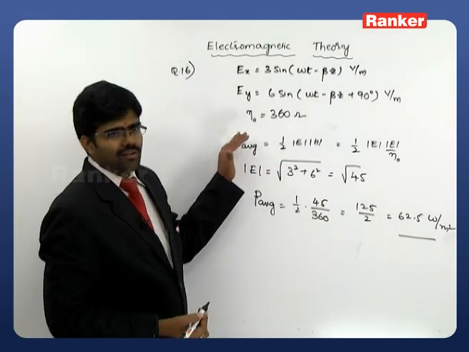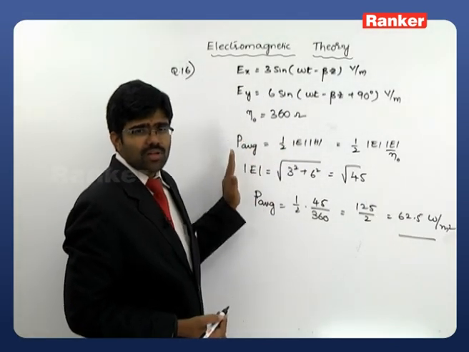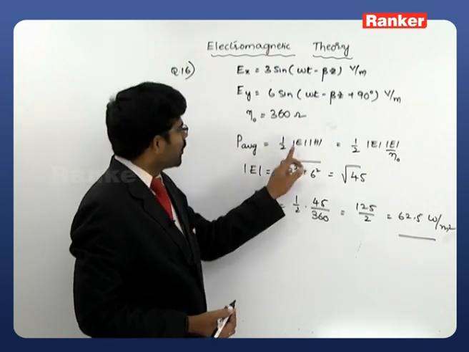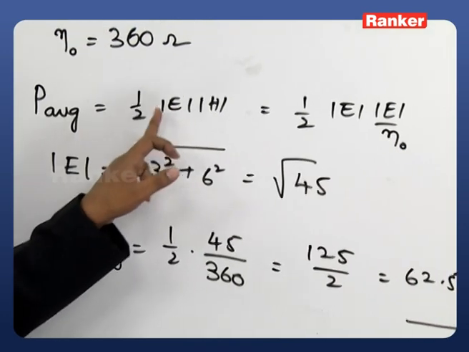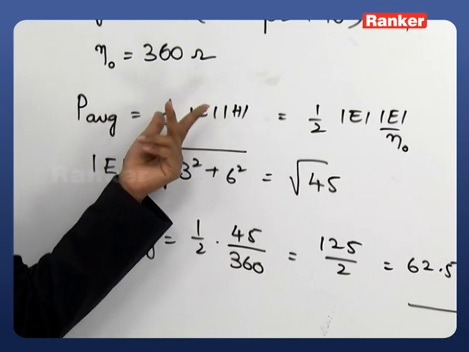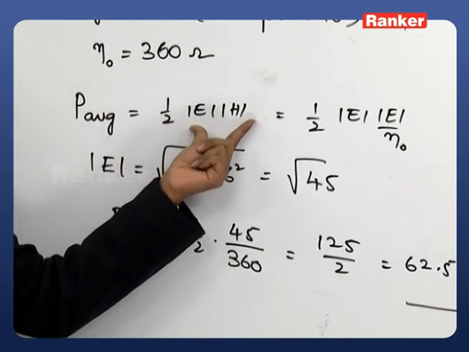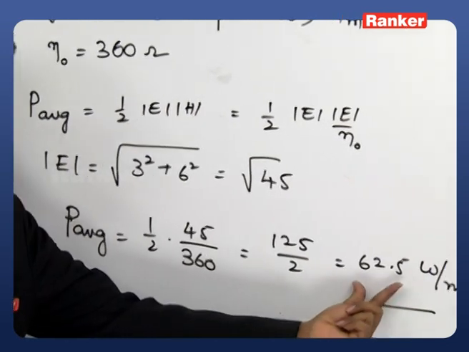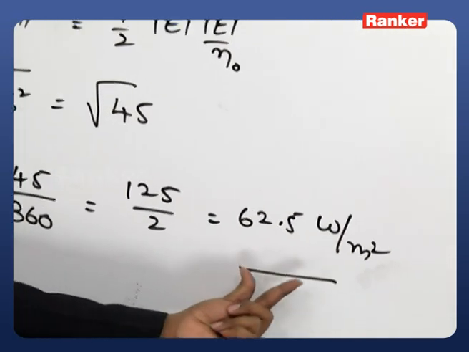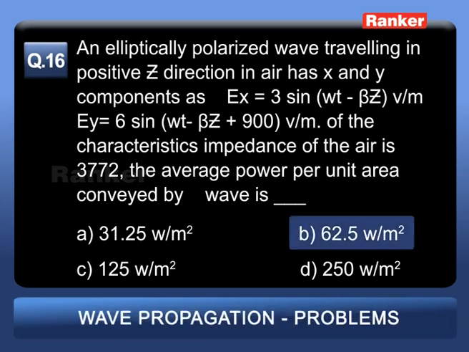Always remember that the average power can be calculated with the help of the Poynting vector, that is 1 by 2 E cross H, or if you are considering the magnitude, it is 1 by 2 E multiplied with the magnitude of H. Directly the answer is 62.5 watt per meter square. This is available in option B. So option B is right for this problem.